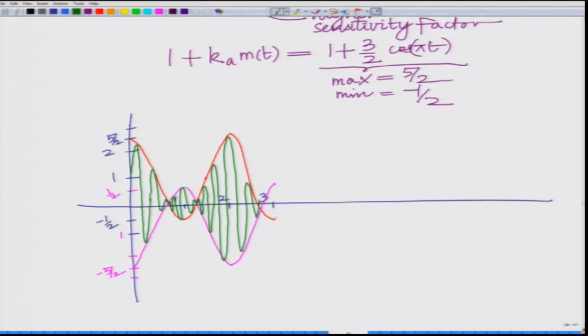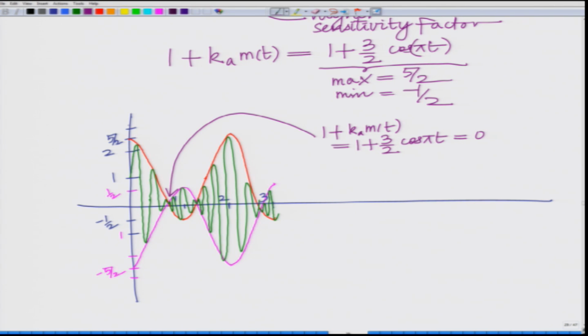And if you look at this again, you can see something very interesting. At this point, 1 plus k times m(t) equals 1 plus 3 by 2 times cosine pi t, starts equal to 0, and at this point it starts going negative.